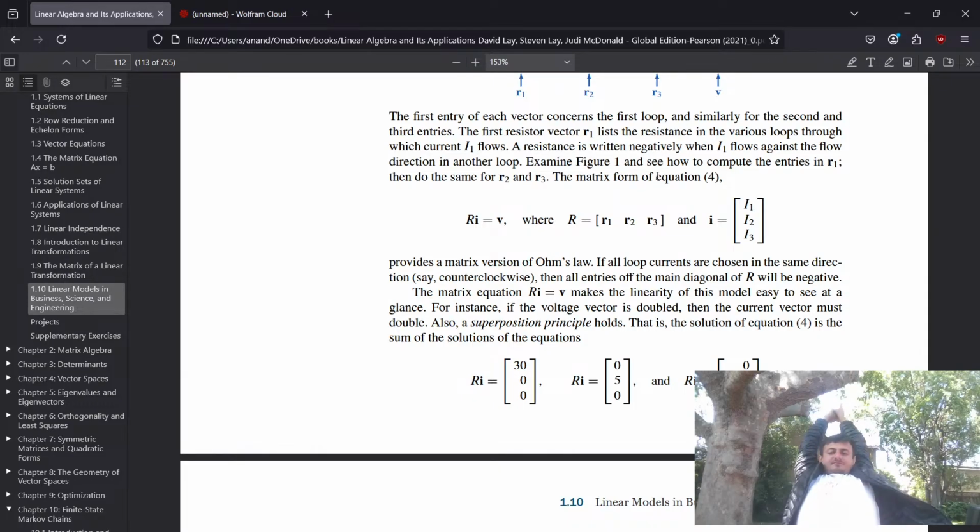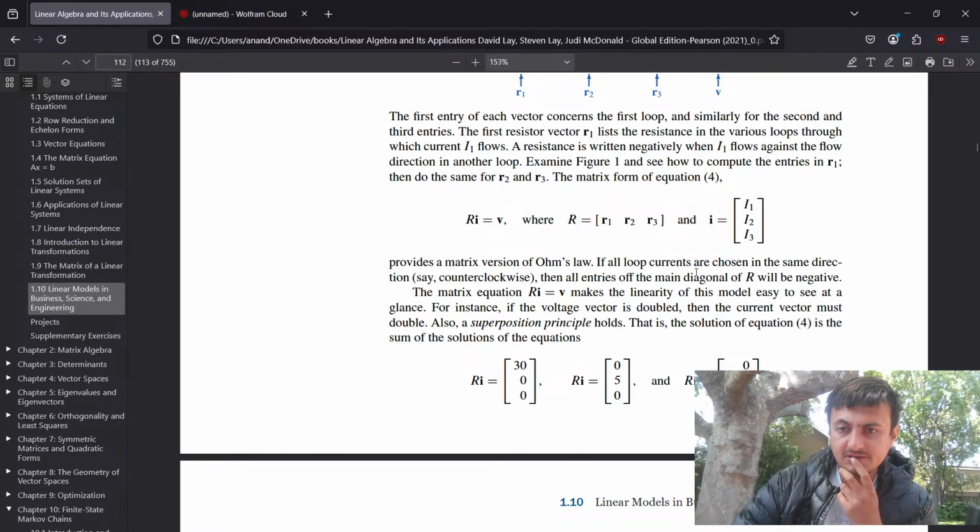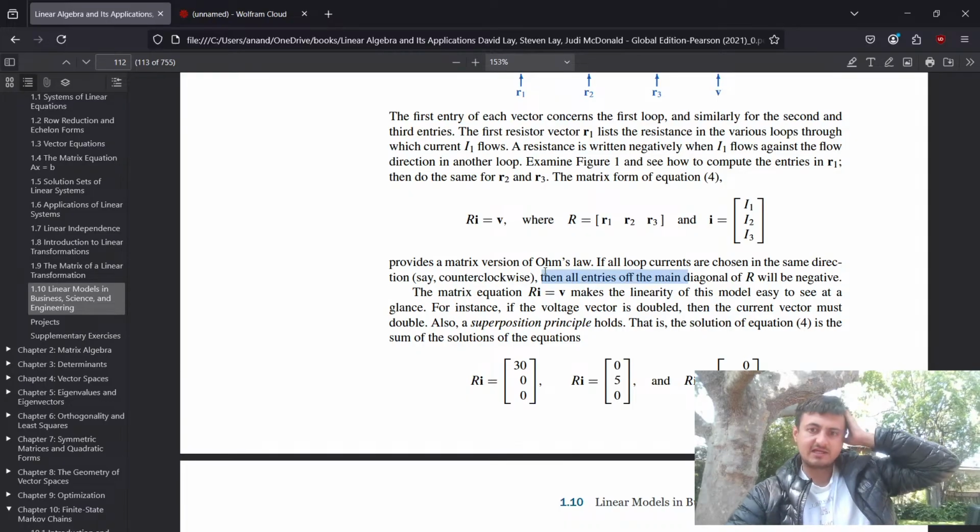If all loop currents are chosen in the same direction, then all entries off of the main diagonal of R will be negative.